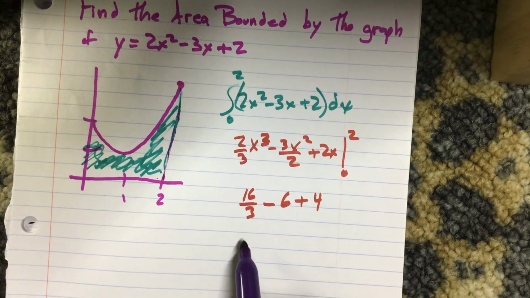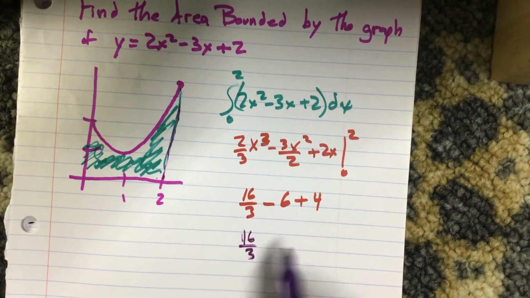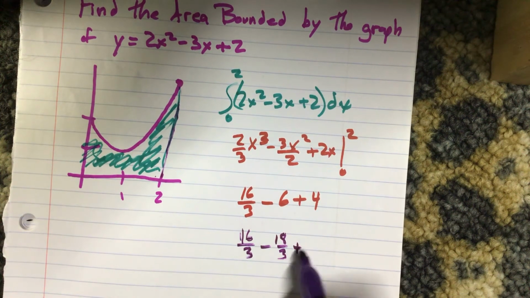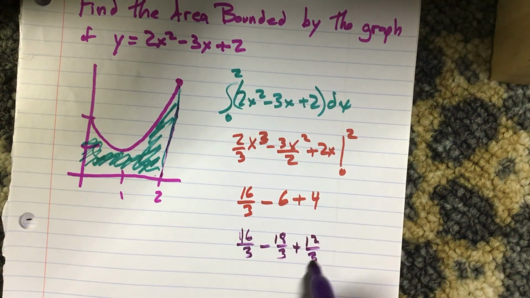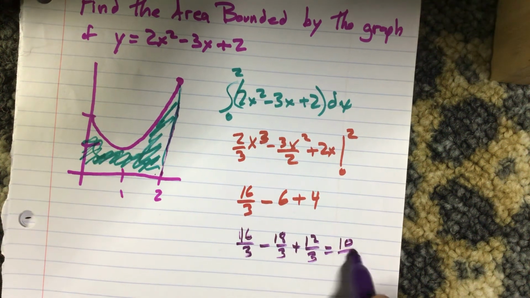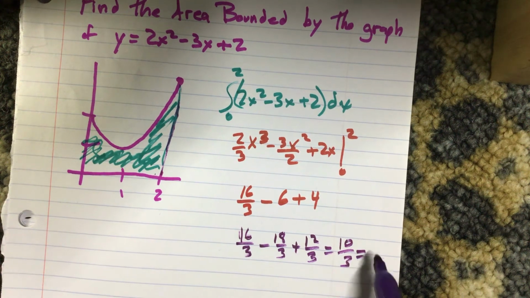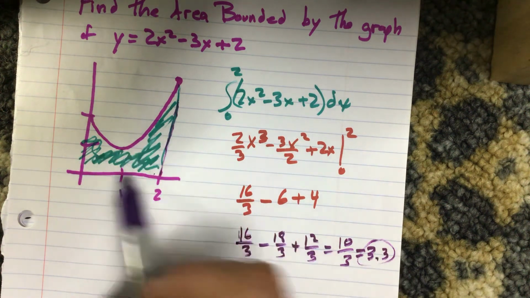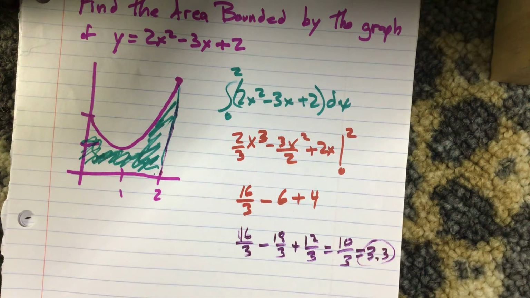So I could say 16 thirds minus 3 sixes are 18 thirds, plus 3 times 4 is 12 thirds. 16 thirds minus 18 thirds is negative 2 thirds, plus 12 thirds is 10 thirds. So that's approximately 3.3, and that's the area underneath this curve, approximately 3.3.